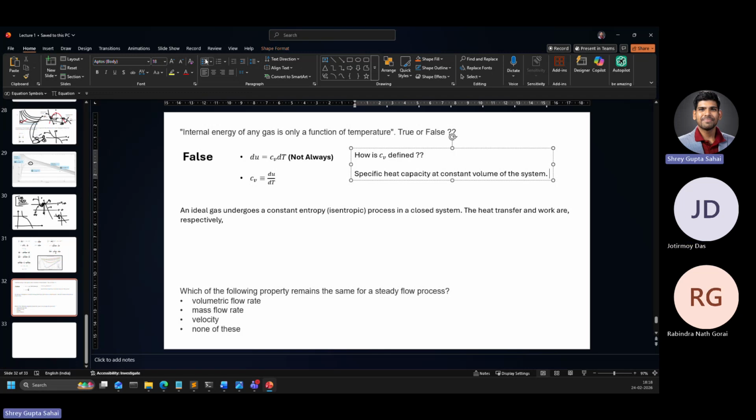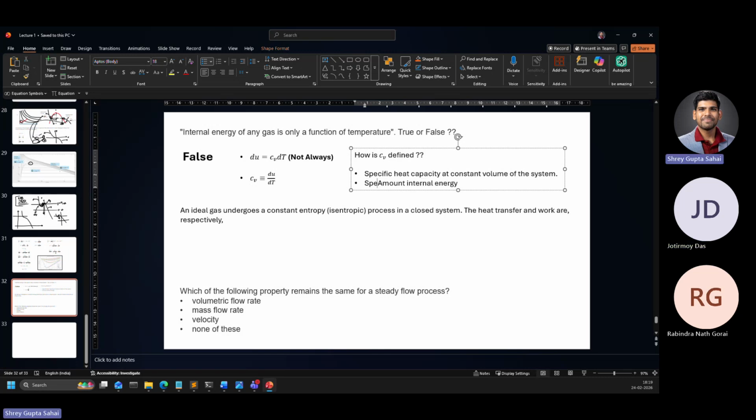What is specific heat? Specific heat is, for the unit temperature rise, the amount of heat energy that is involved. Which energy then? You mean to say internal energy? Yes, internal energy.